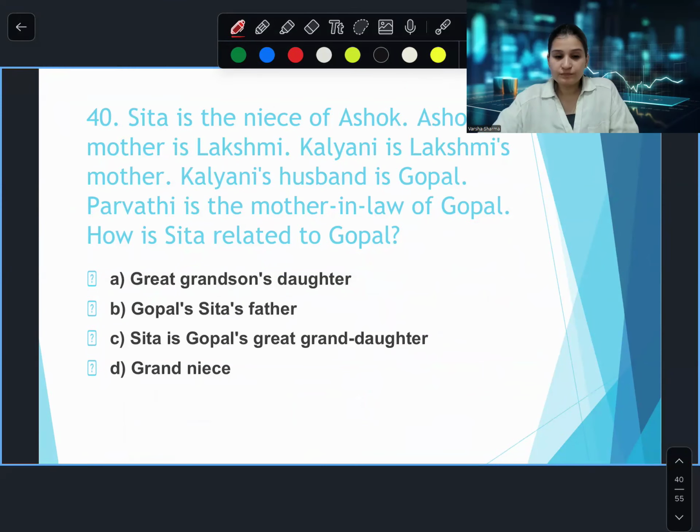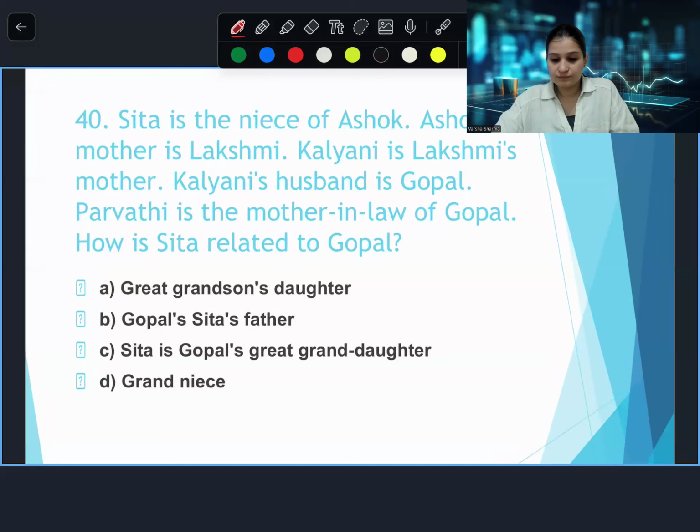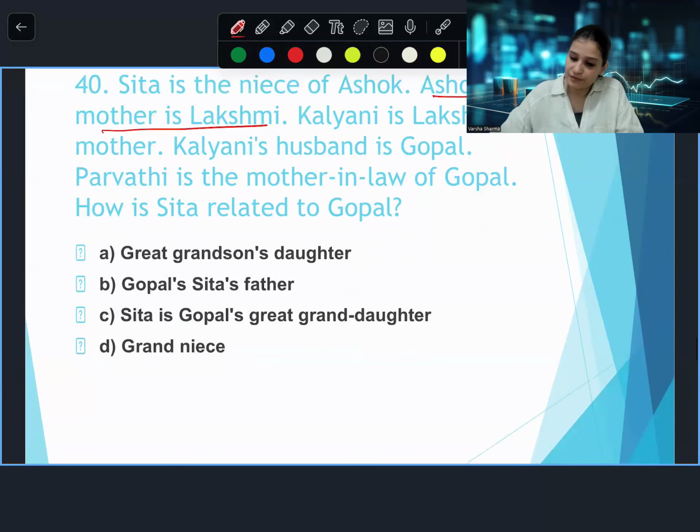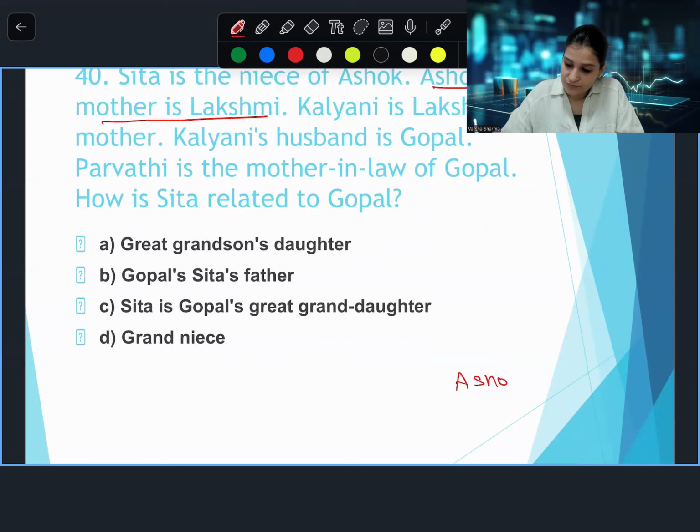40. Sita is the niece of Ashok. Okay, we'll come to that. Ashok's mother is Lakshmi.